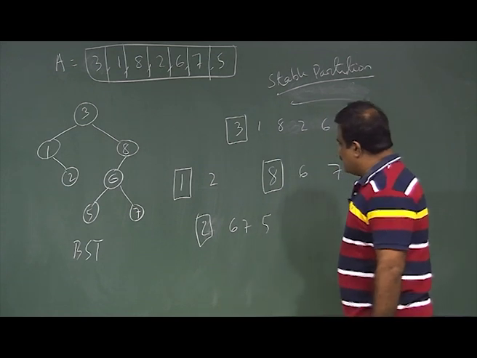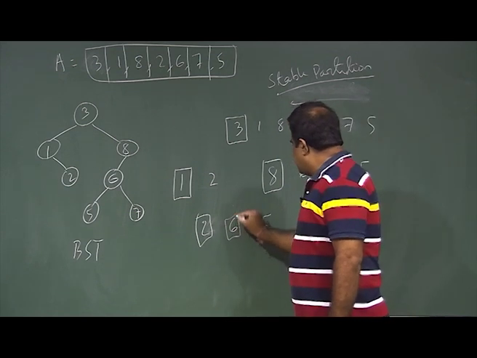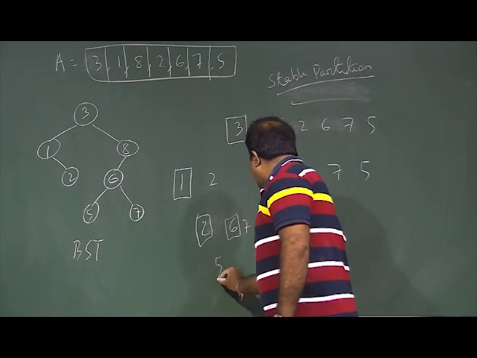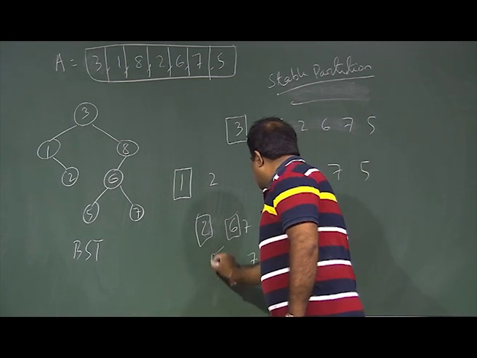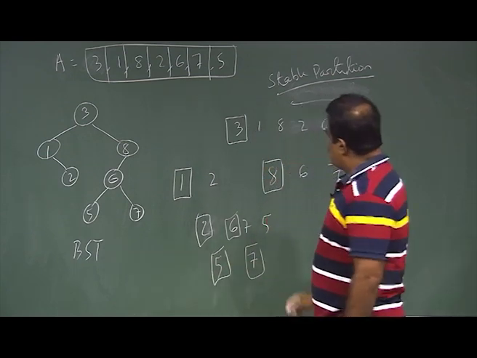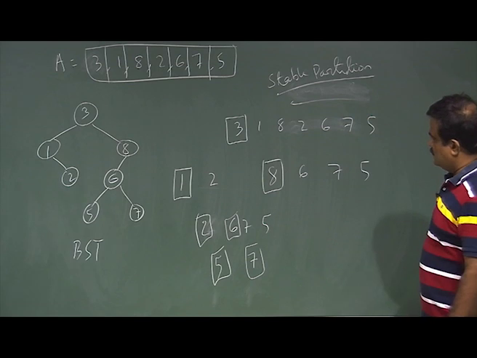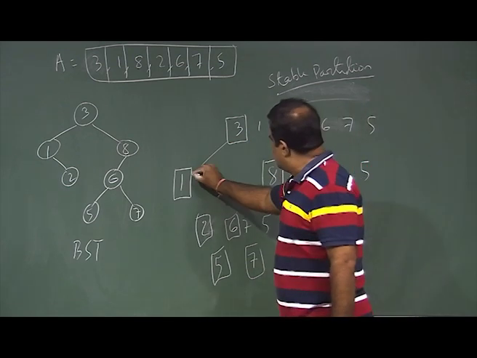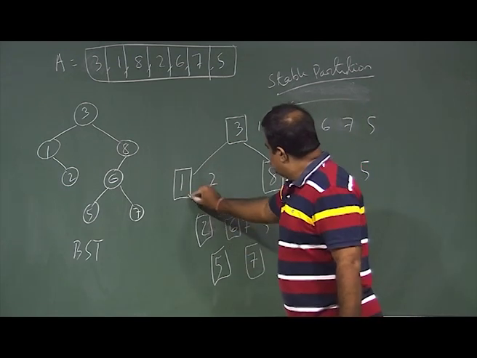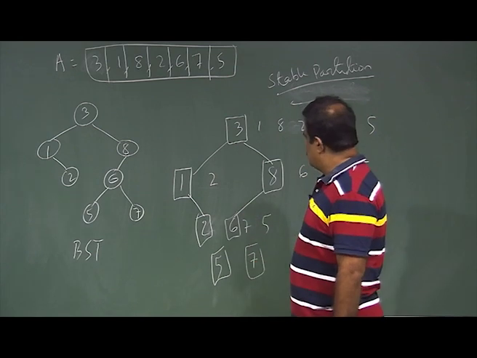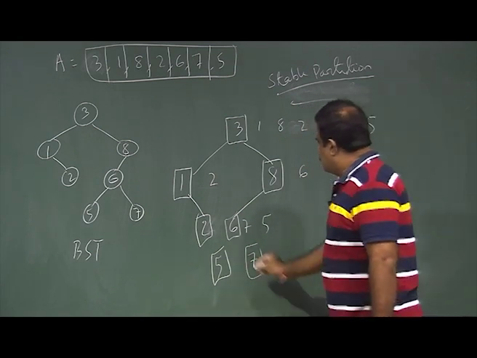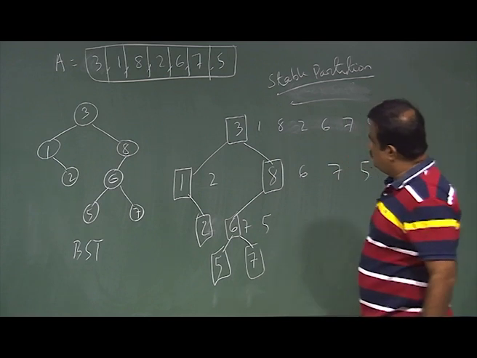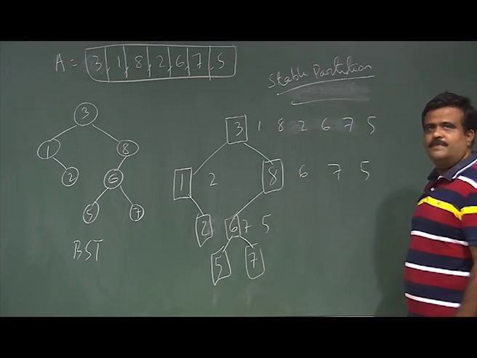Then we take 6 as the pivot, and this is basically 5 and 7. So, this is the recursive call of the partition. Now, if you form the tree like this, you can see that these two trees are the same.